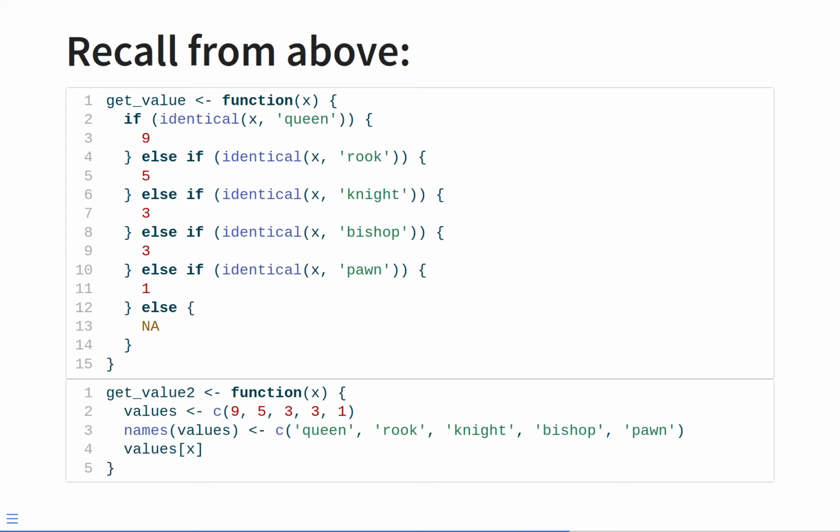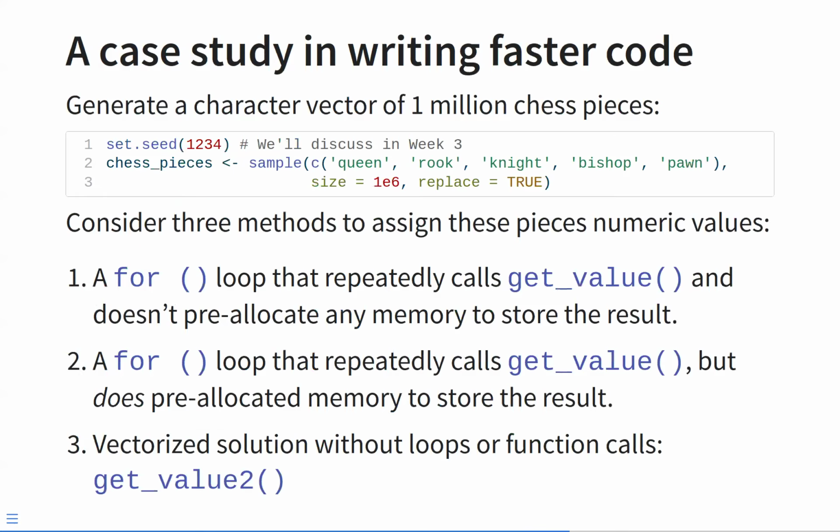The second uses what's called a lookup table, which is in many ways a much more elegant, although perhaps slightly more difficult to understand solution, at least the first time you've seen it. So we're going to use this as a case study to see how it's possible to write faster code.